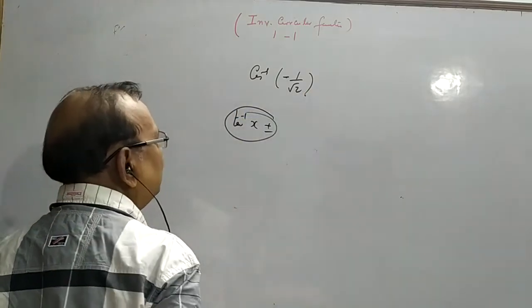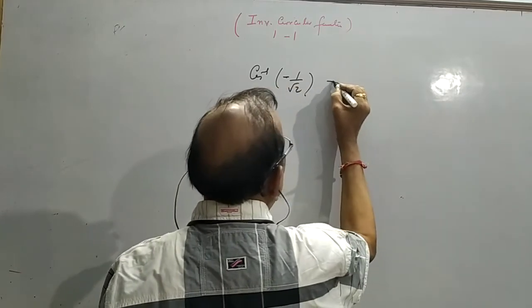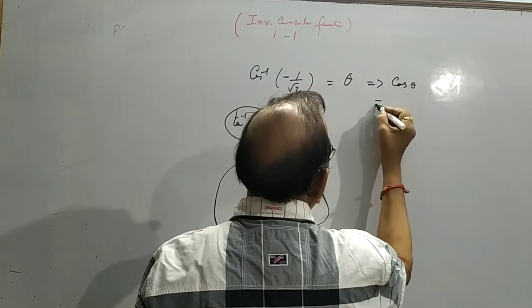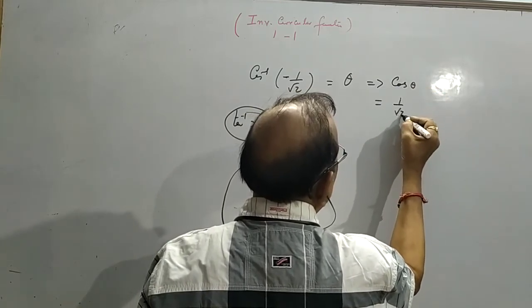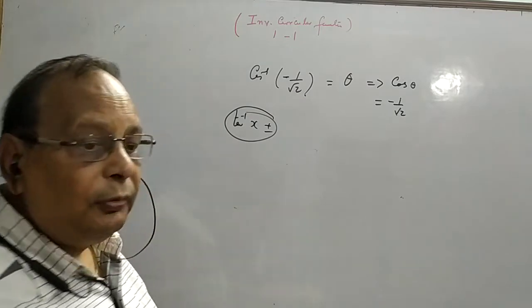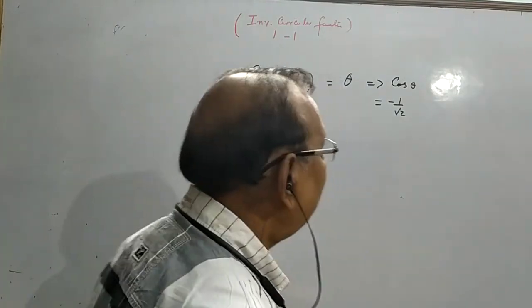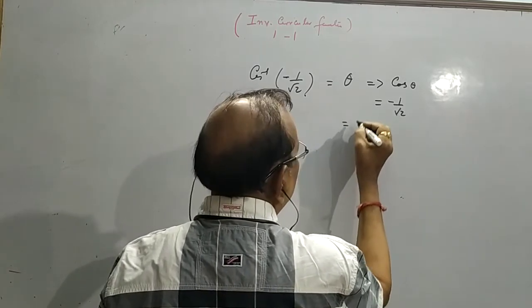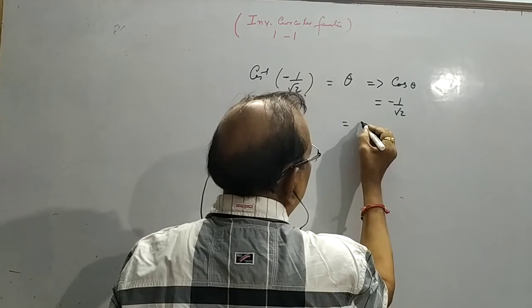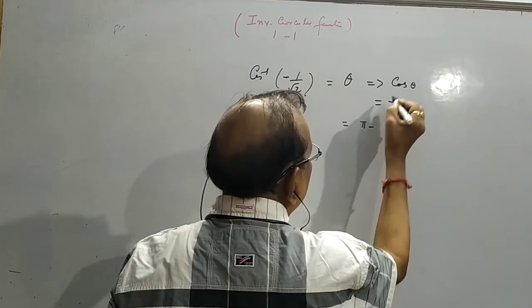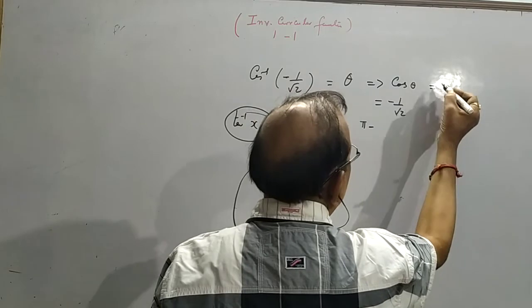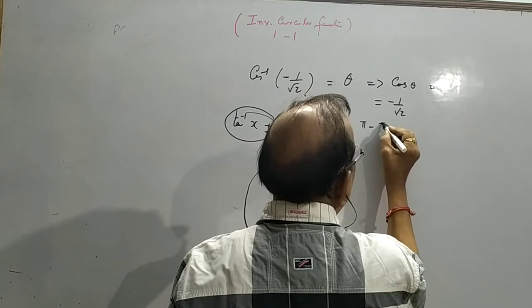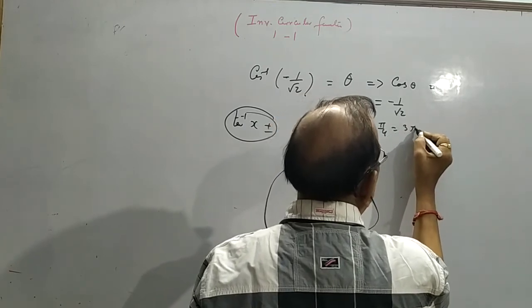We have to convert this into tan inverse x within the principal value. Let it be theta. That is cos theta is equal to 1 by 2 with negative sign. Now we have to consider this negative sign in the second quadrant. Theta will be pi minus pi by 4, that is 3 pi by 4.